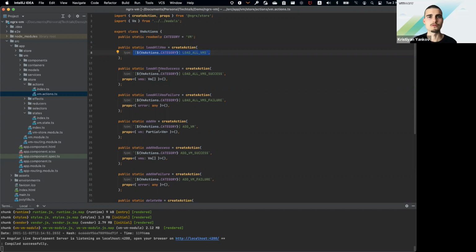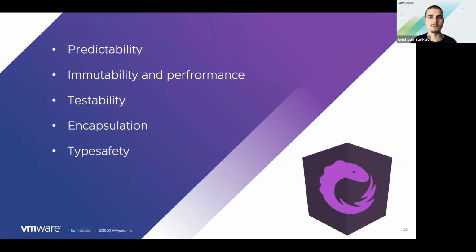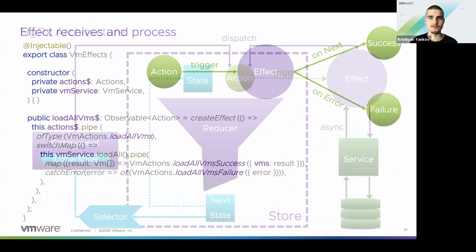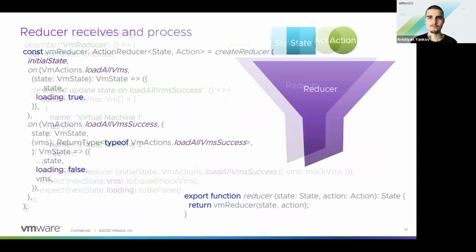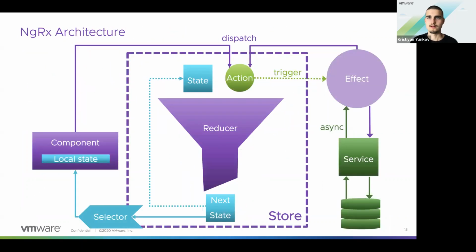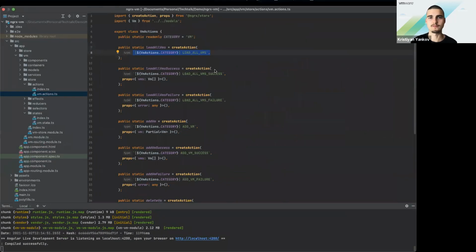For the second one, load all VM success, if we go back in the presentation here, yeah, actually here, we have the effect, which will then trigger a success when we have fetched some data or we get a response from the server. So we have load all VM success or load all VMs failure accordingly.